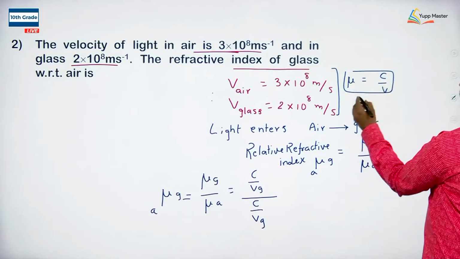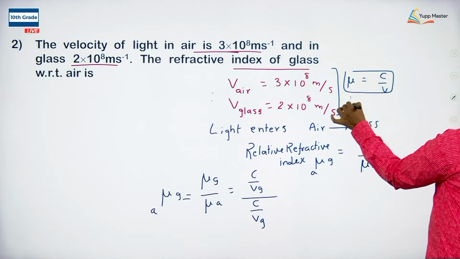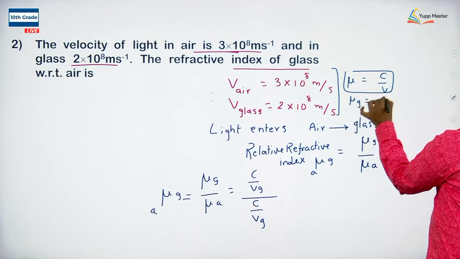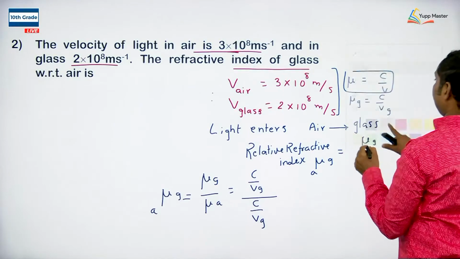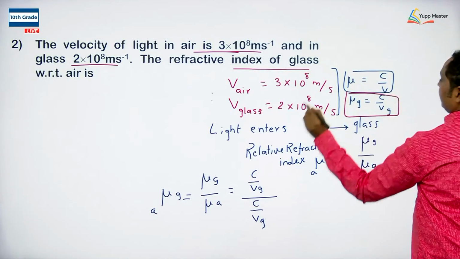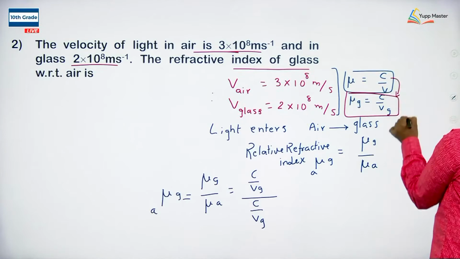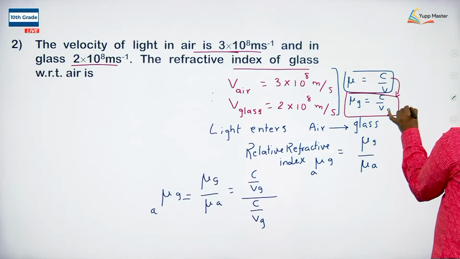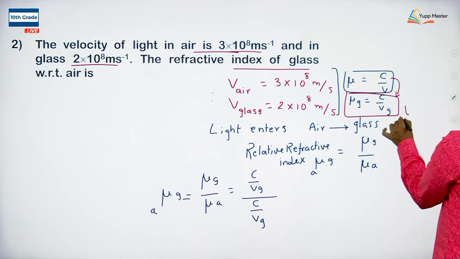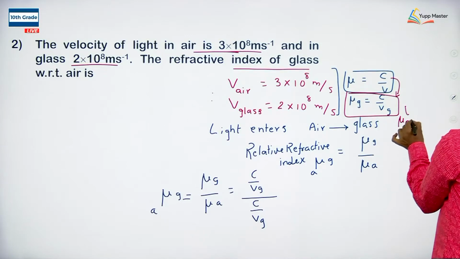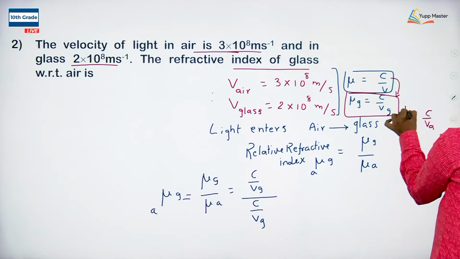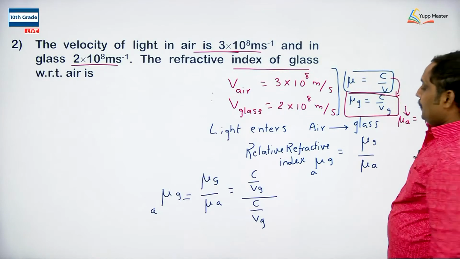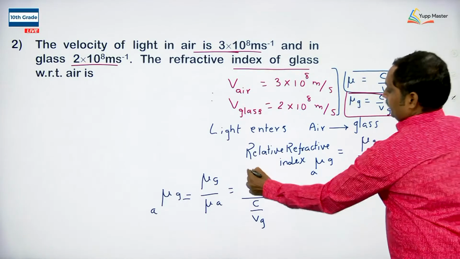If you take this, you will write mu g is equal to C by Vg. This is the existing relation. At the same time, mu a is equal to C by Va. This is very clear. Now, finally, you can cancel C.